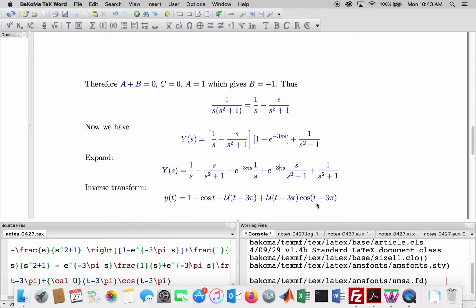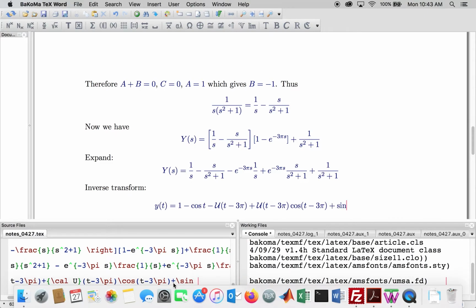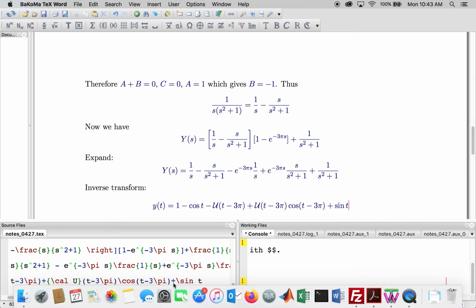That constant gets subtracted from t here. That happened too in this term, but it's a constant function. A shift of a constant function is still that same constant function, so nothing needed to be done down here. The only thing left is this term. That is the 1 over s squared plus 1 is a transform of sine t.